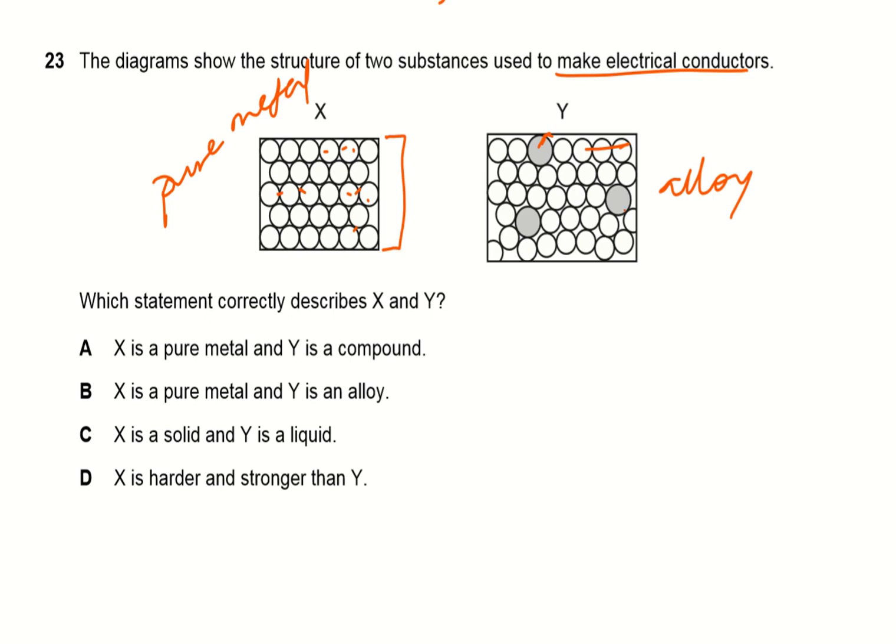Alloy is a mixture of what? Mixtures of metals. Since it conducts electricity, that means it is metallic, and because we have different types, this is different from this, so it means they are different metals, or a metal and a non-metal. In this case, we call them alloy. So B is our correct answer to that.